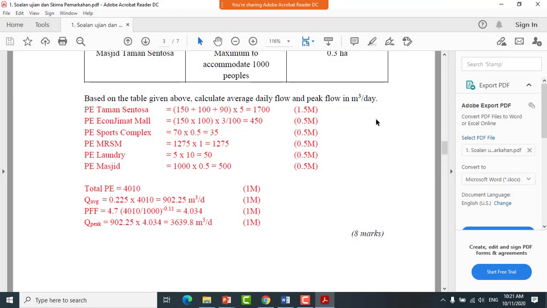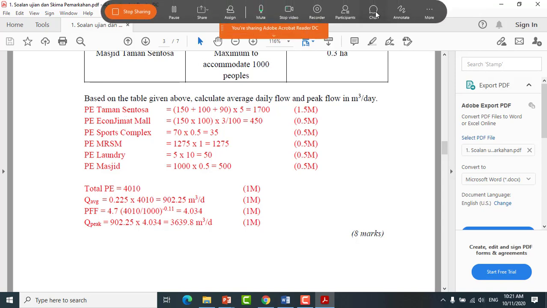So first of all, we have the PE for Taman Sentosa, 150 plus 100 plus 90, and all will be times 5, so that will be 1,700. Okay, so this is for the Taman Sentosa.